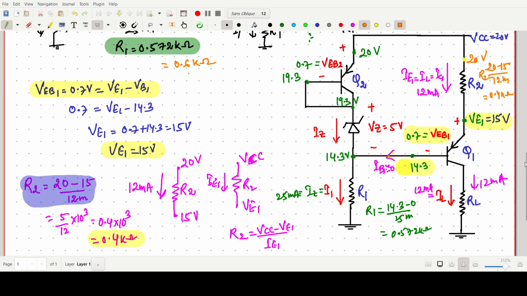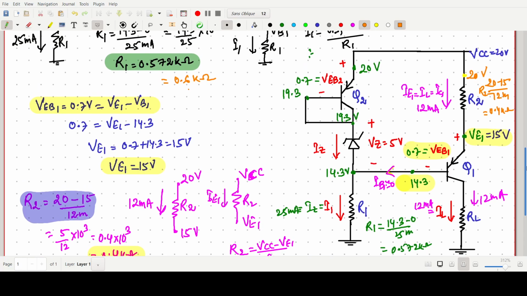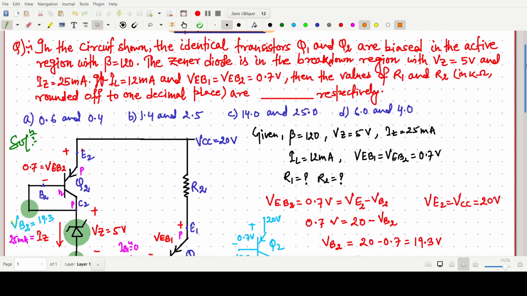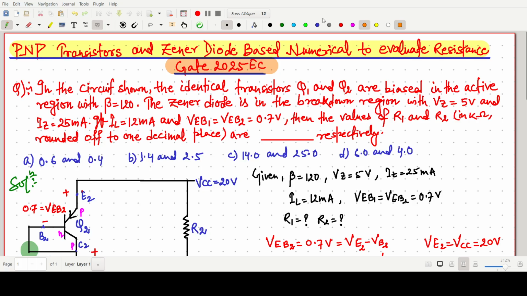So the answer, R1 and R2: now we know the R1 value is 0.6 and R2 value 0.4. So the correct answer for this question will be option number A.